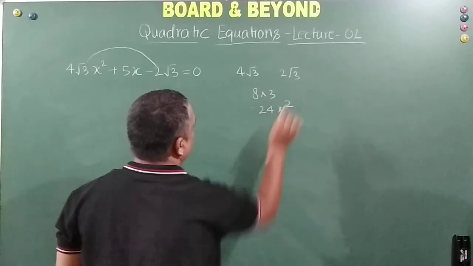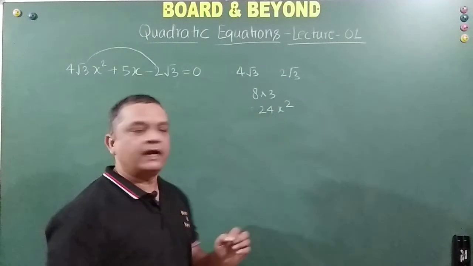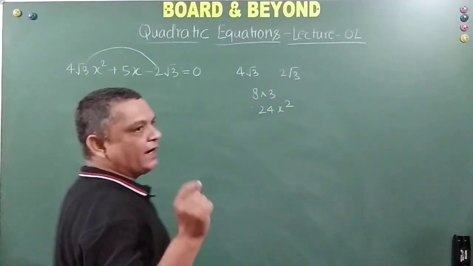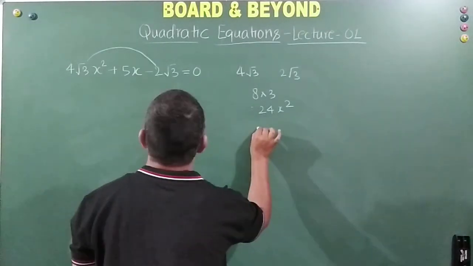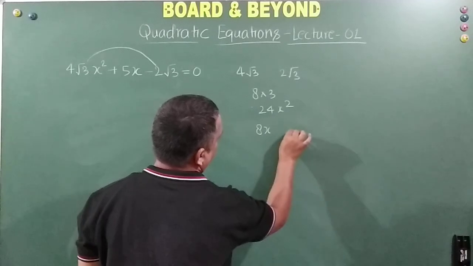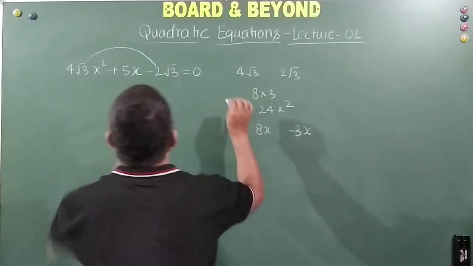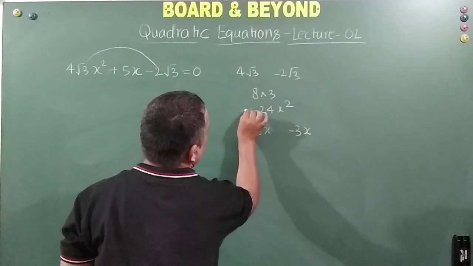Now we need to break 24 into two parts such that their sum would be equal to plus 5. So 8 and 3 is the right option for me. 8 into 3 is 24. So I will keep 8 with positive sign and 3 with negative sign.